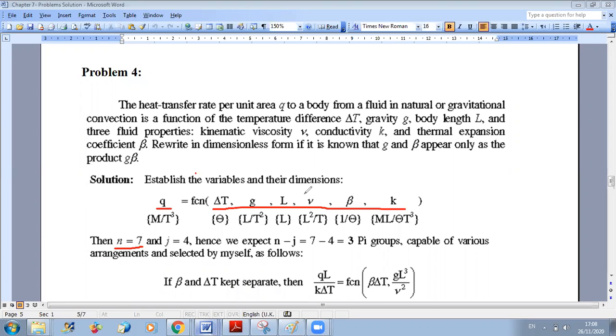For mu, you can remember that this mu is the dynamic viscosity, equal to rho times the kinematic viscosity. If in case you don't know this formula, you have open book and open access to the internet, just search for kinematic viscosity and it will tell you the definition.